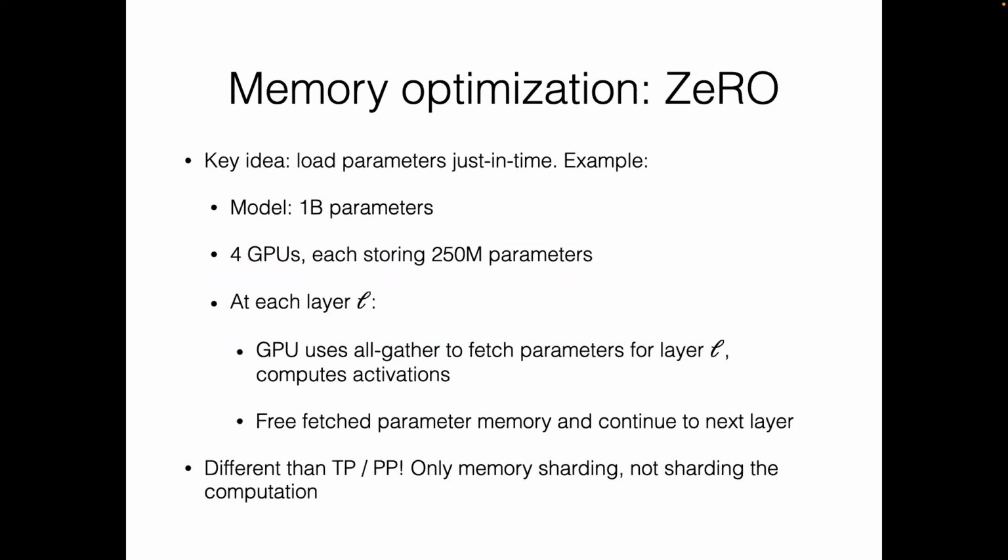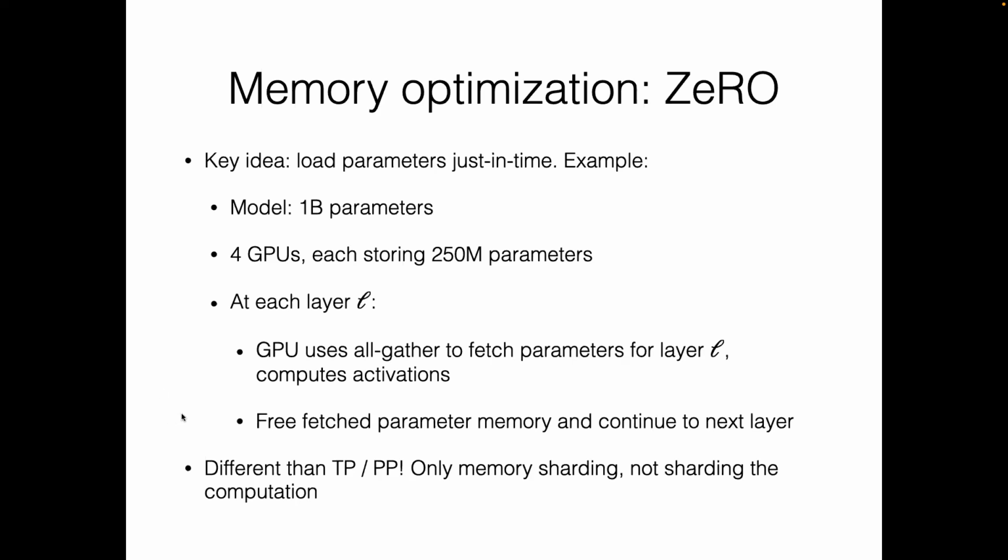So more specifically, let's say we have a model with 1 billion parameters and we have 4 GPUs. Then let's say that each one is storing 250 million parameters. Then as we're moving through the layer, you can do an all-gather to fetch the parameters just for the layer. And then you can compute the activations, discard those, and then proceed to the next layer.